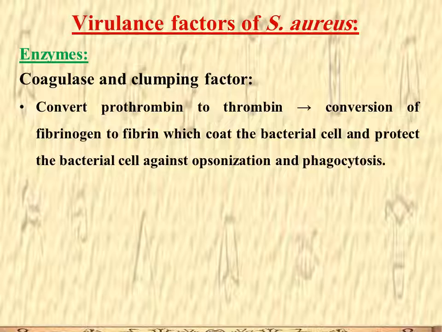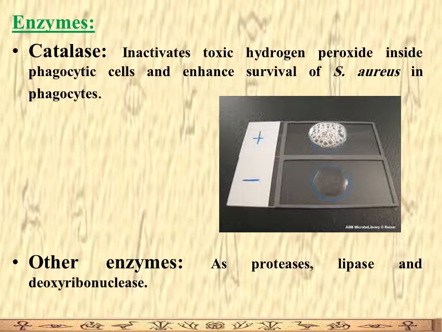So when the bacterial cell is coated by the immunoglobulin and the complement proteins, it enhances and facilitates the process of phagocytosis. The presence of fibrin around the bacterial cell hinders the binding of the complement and the immunoglobulin, and so will affect the opsonization and the phagocytosis.